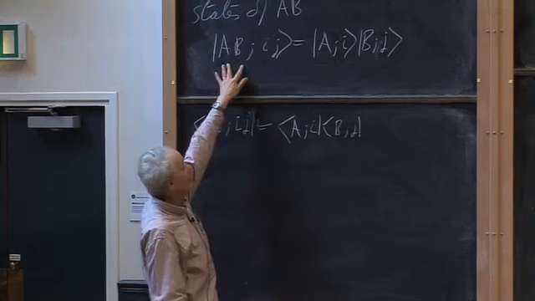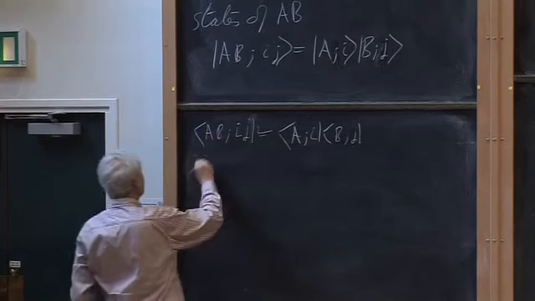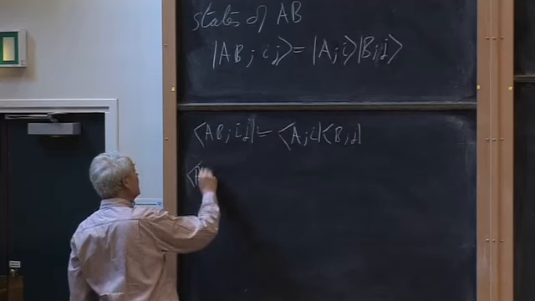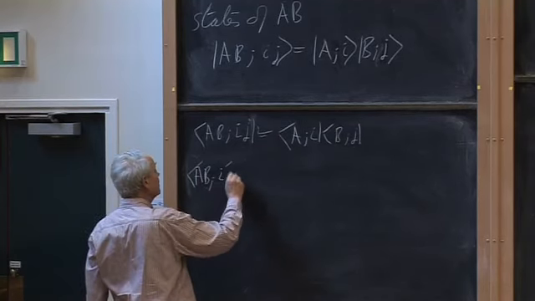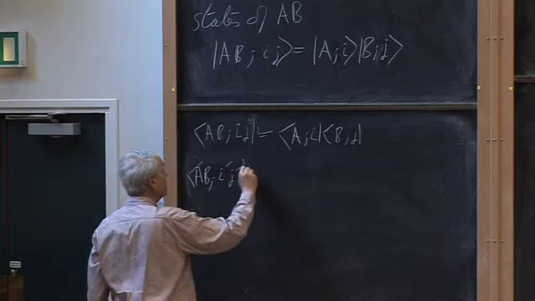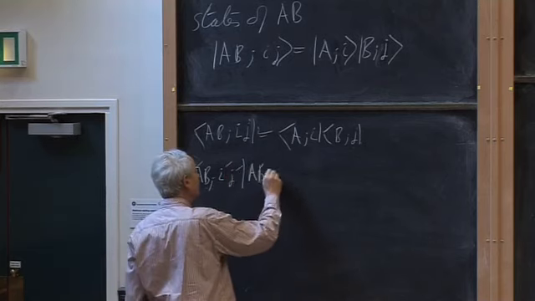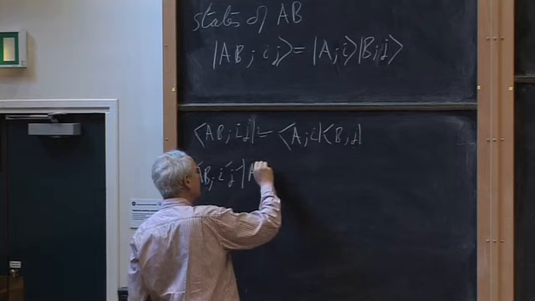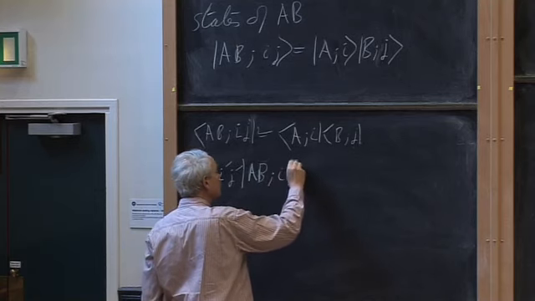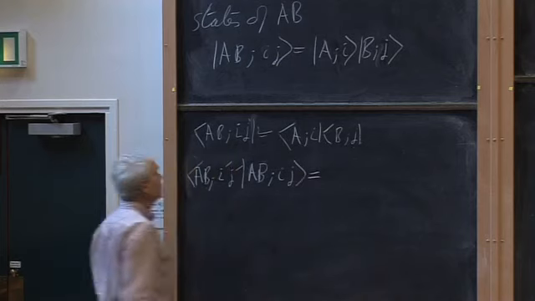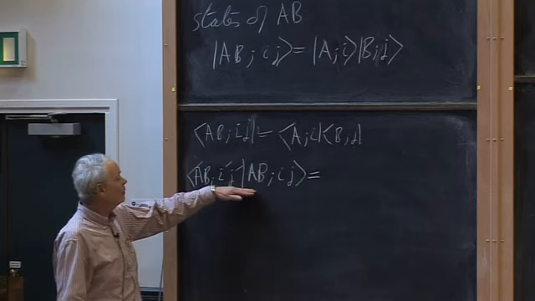So when this goes onto this, we should get a complex number. To give meaning to all this, I need to explain what this is: ⟨i′, j′| on AB, semicolon |i, j⟩, is equal to, right, this should be a complex number.